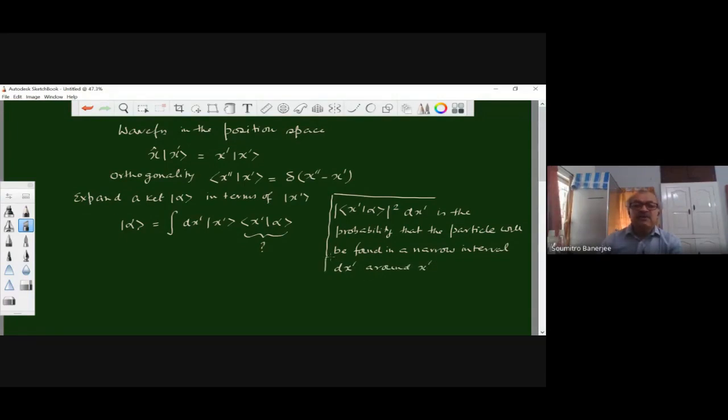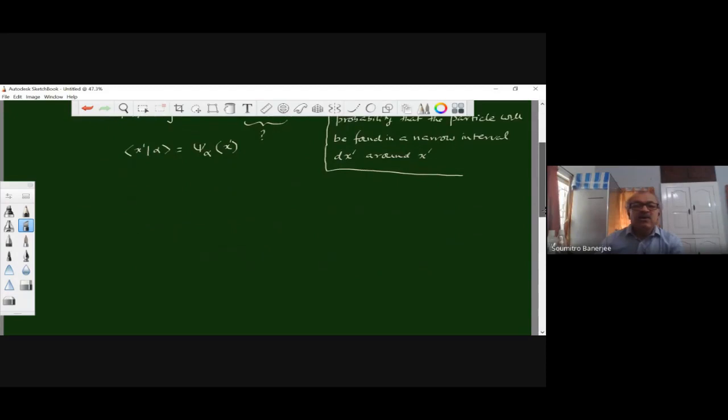So that is the physical interpretation. And x prime alpha is nothing but the function represented by alpha. So I'll call it psi alpha at x prime. So this is what the probabilistic interpretation was, and this term that appears here is nothing but psi evaluated at x prime.